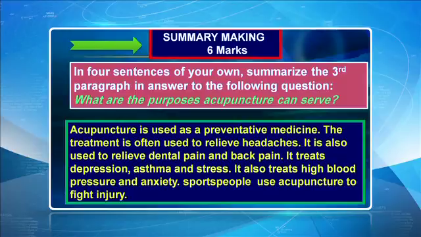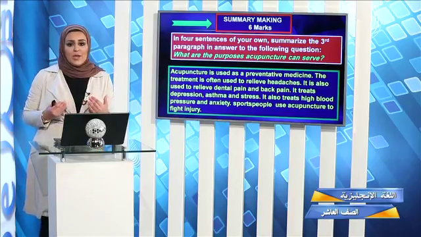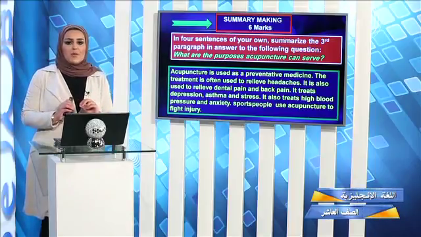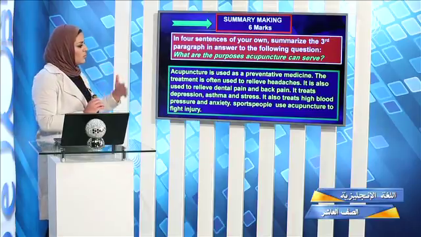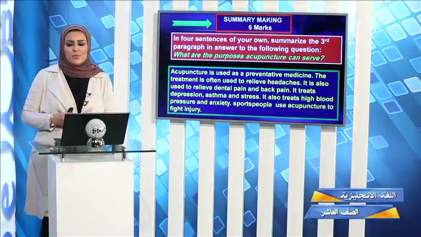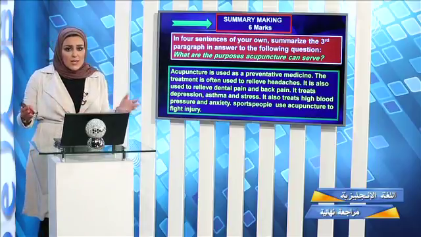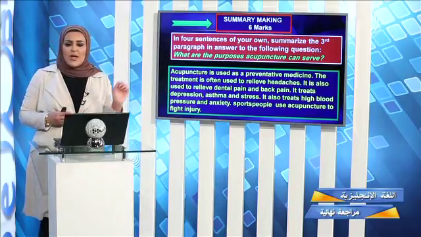How? I wrote, acupuncture is used as a preventative medicine. So I used my own introduction just to introduce my summary, and that I will list all the purposes or the advantages. Then I start writing the points that I underlined.